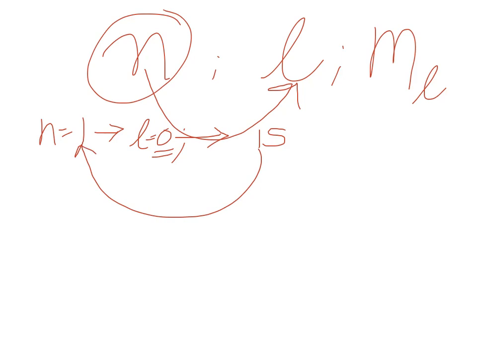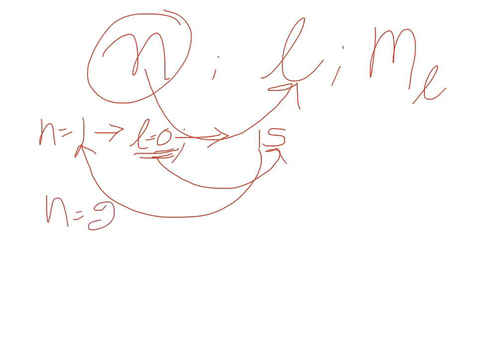So n equals 1 has L equals 0, which means it has one subshell. The name of that subshell is 1s because it belongs to the first shell and the value of L is 0.